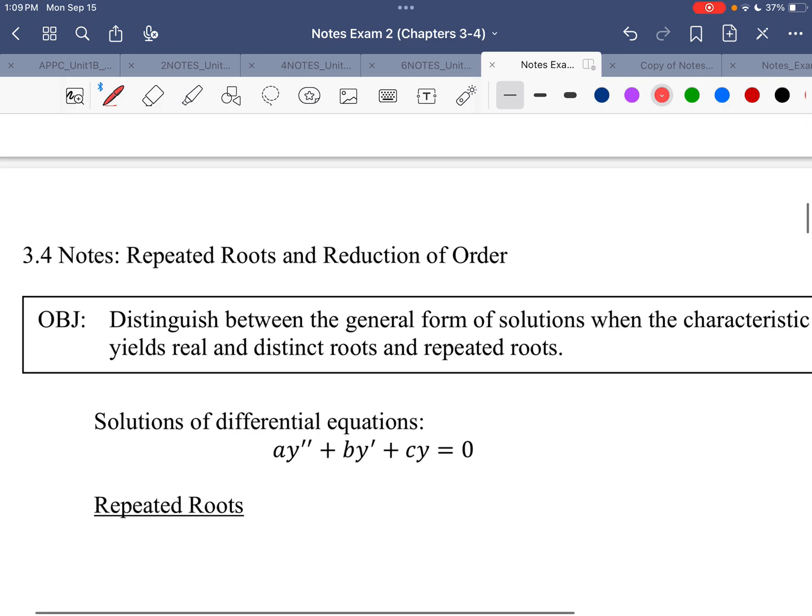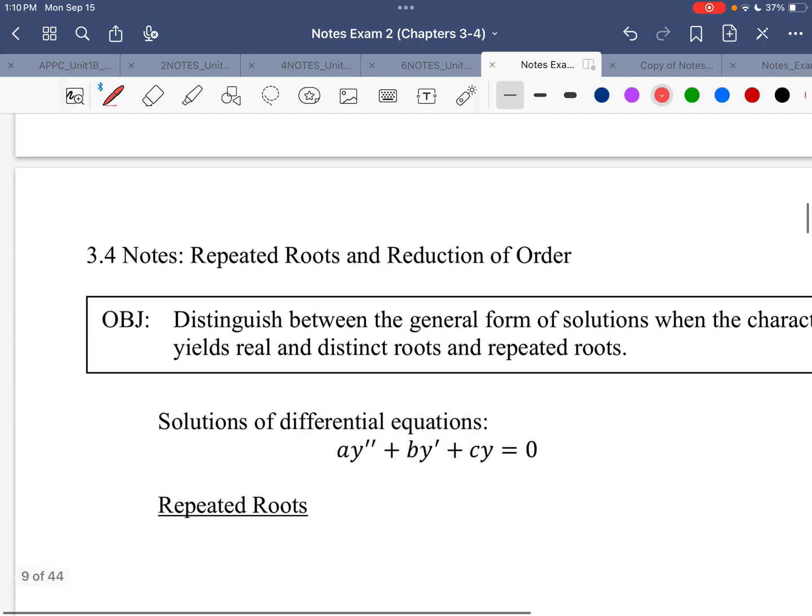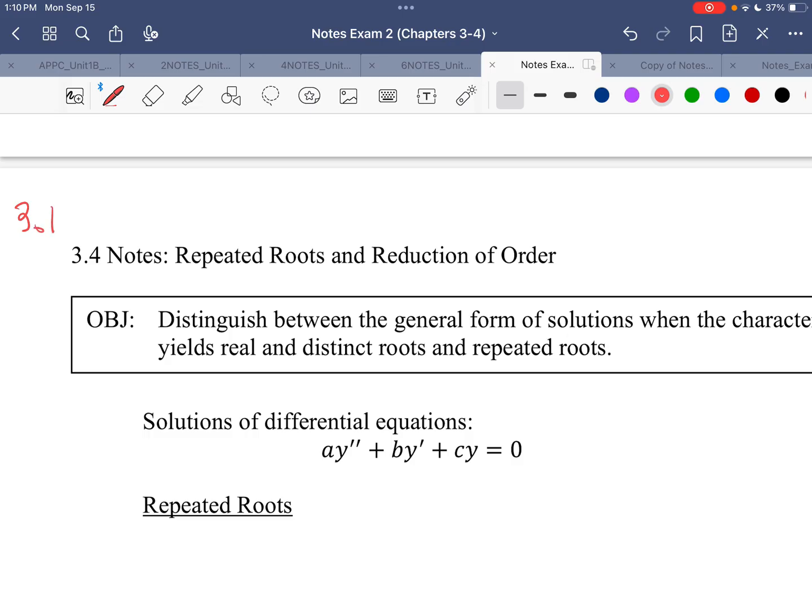Now we're on 3.4. So 3.4, remember 3.1, we had y1 is equal to e to the r1t, and y2 is equal to e to the r2t. So that was two real, distinct roots, because they're second order.